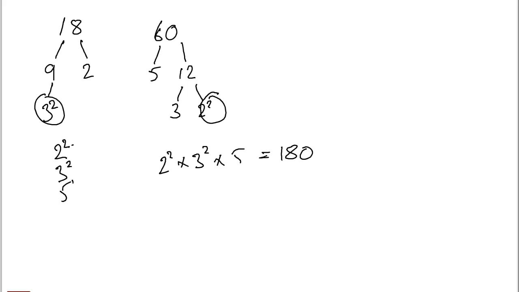Let's do one with 3 numbers. Let's go for, let's say, 8, 20 and 62. Let's find the lowest common multiple of these. So the 8 breaks down into, in fact that's 2 cubed.